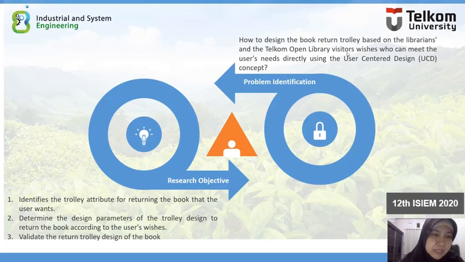And the research objectives are, first, identify the trolley attributes for returning books that the user wants; second, determine the design parameters of the trolley design for returning books according to the user's wishes; and third, validate the return trolley design of the book.